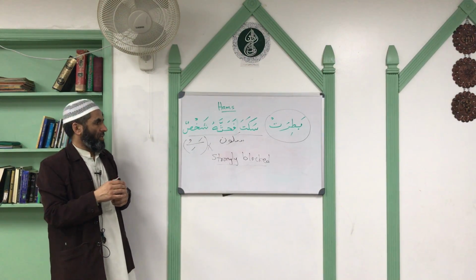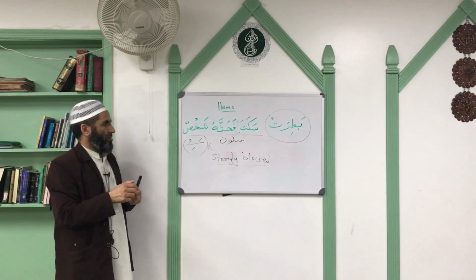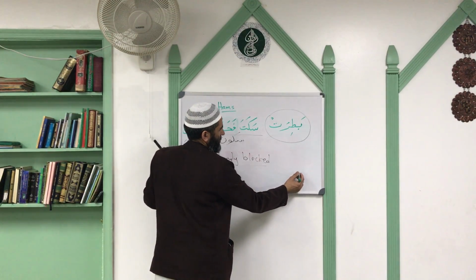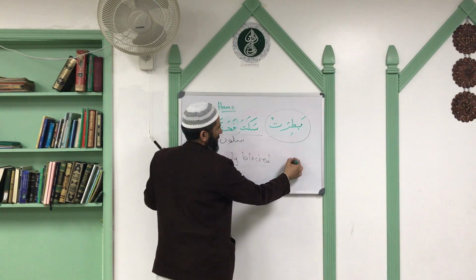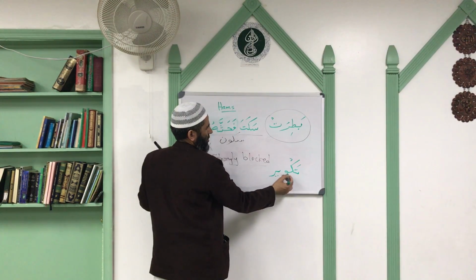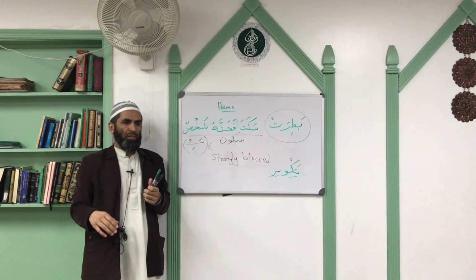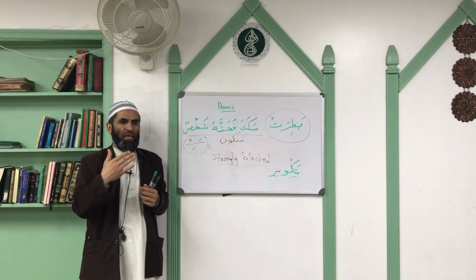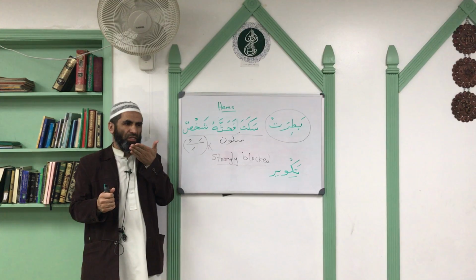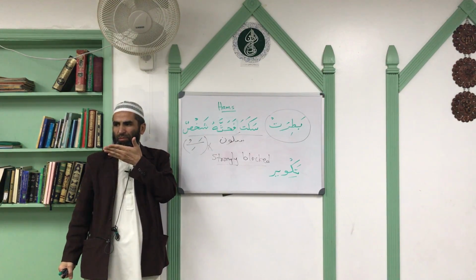You know, like takweer. If I say takweer, when I say the kaf, I don't say takweer. Tak. If you put your hand in front of your mouth, you can feel that air.